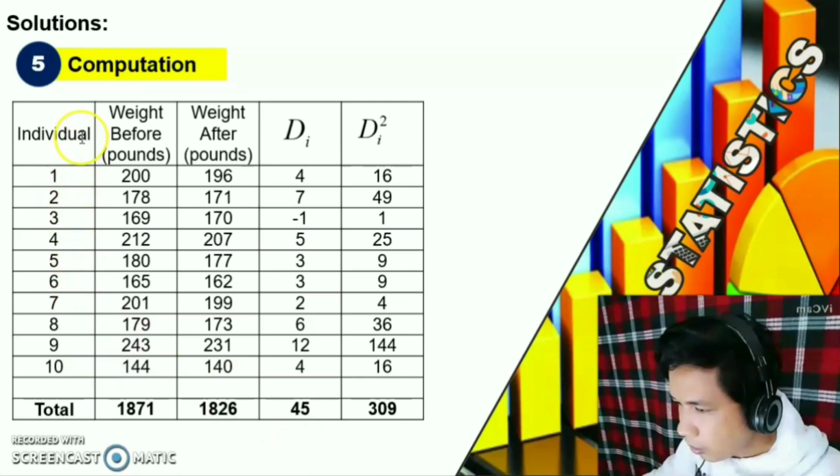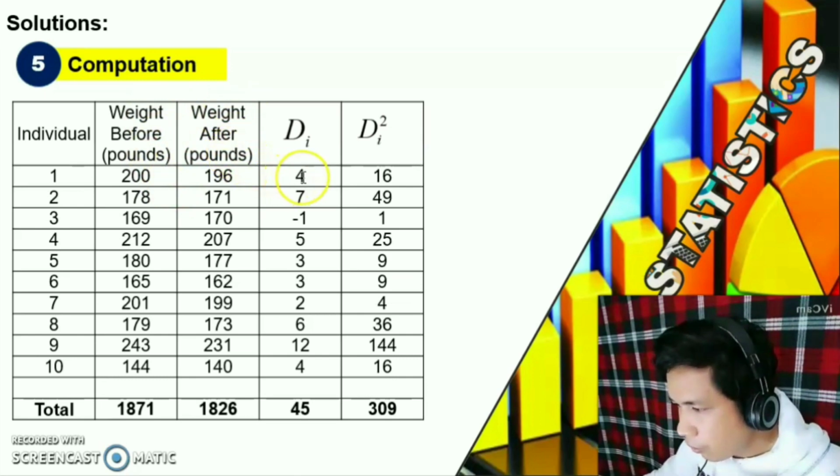We have the first column, individual, the second column, weight before in pounds, and weight after expressed also in pounds. Notice that we have the fourth and the fifth column, which are represented by d sub i and d sub i squared. Now, d sub i represents the difference of the observations in weight before expressed in pounds and the weight after expressed in pounds.